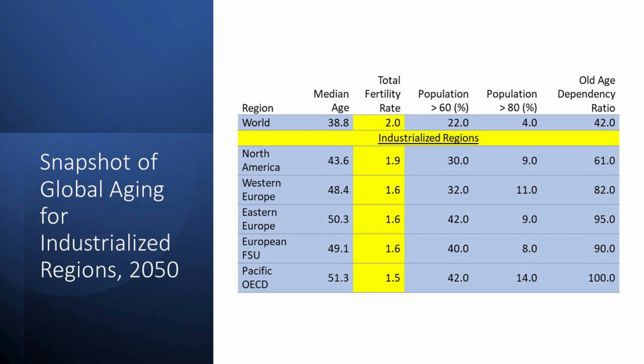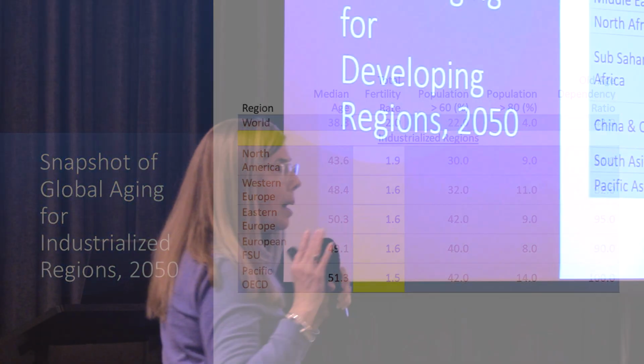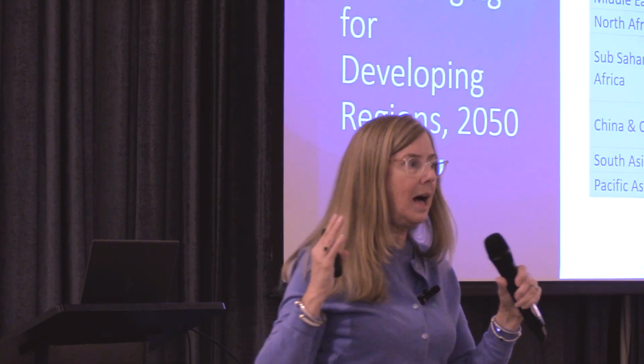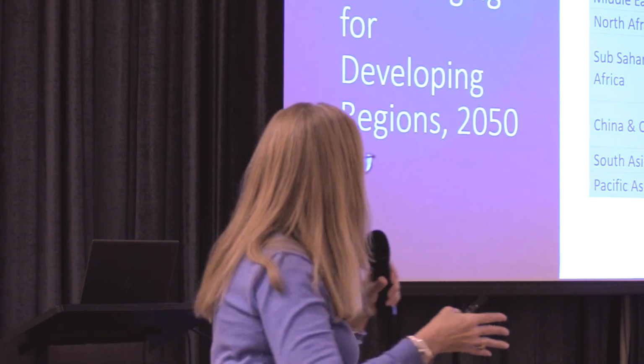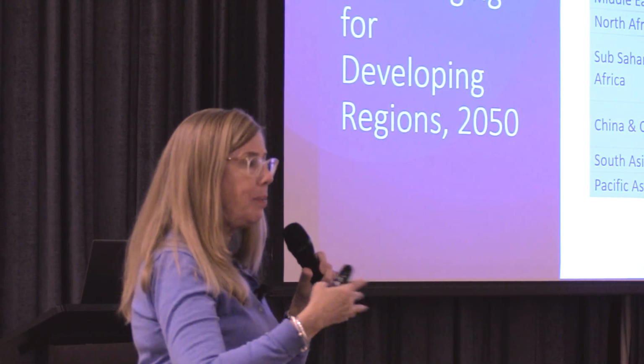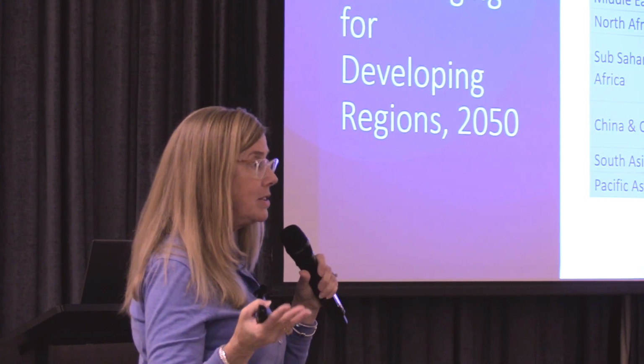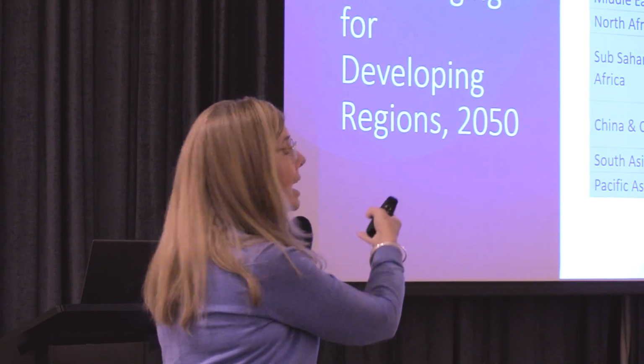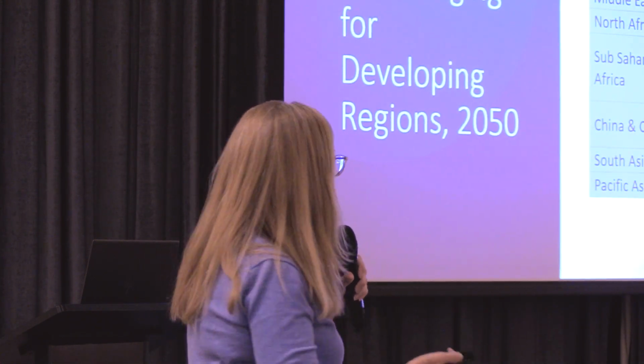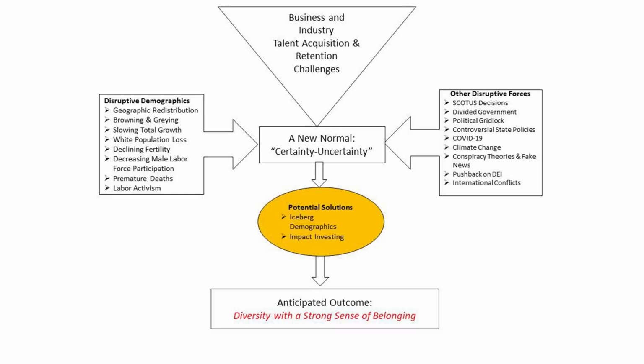Everyone else is at or below replacement level. So when you think about migration, climate, weather conditions, and you see younger people moving, Africa, Southeast Asia, those are the areas most impacted by those changes, and those are also the younger populations.